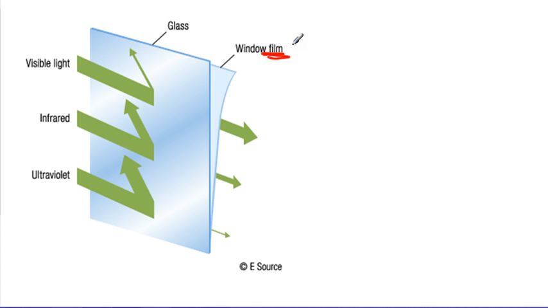It's hard for you to see it other than in a reflection, and you'll see it as a purplish or blue or maybe even a green color. Now, what these films do is they're designed to allow visible light through, so it is transparent to visible light, but it is either semi-opaque or as opaque as possible to these other ranges.